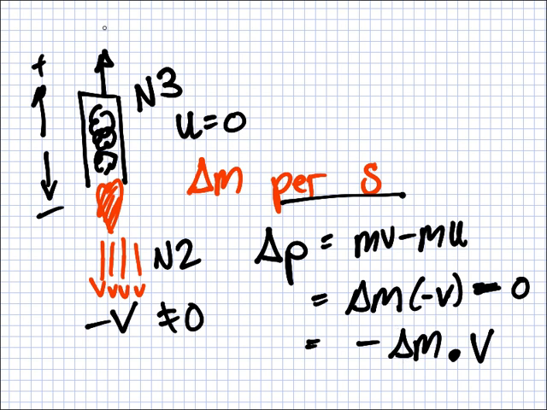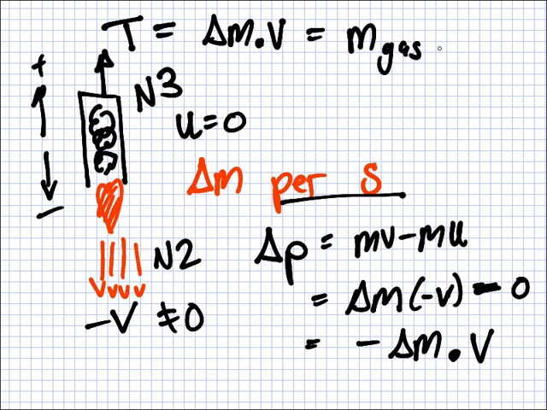So this up force, which I'm going to call T for thrust, should equal delta M times V. Or if you want, it's the mass of the gas per second multiplied by the speed of the gas. So it's a very simple formula.